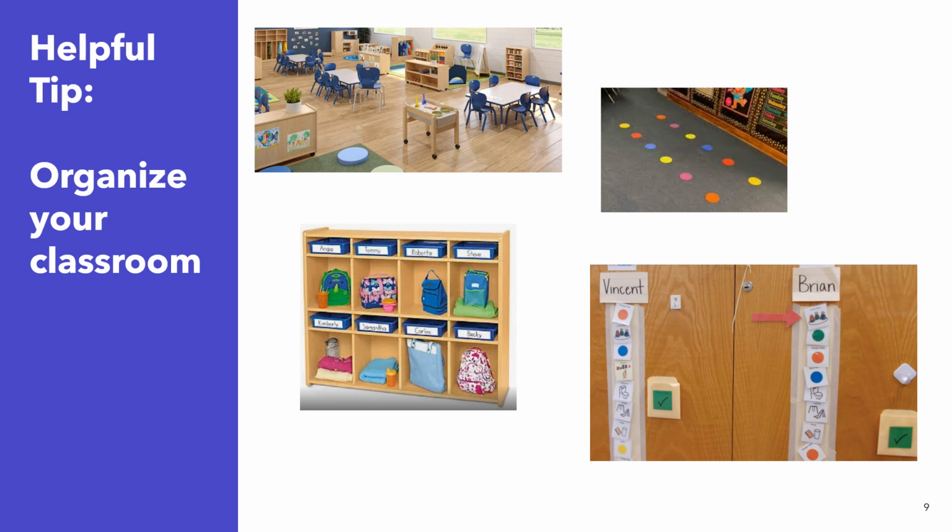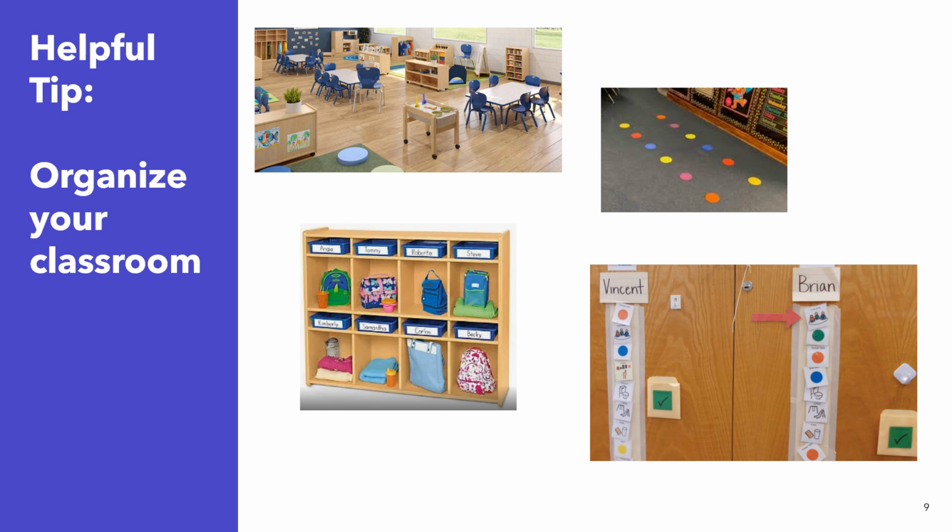For arrival, adding cubbies with the student's name or picture and coat hooks are visual cues to the student of the routines of hanging up your coat and putting your backpack away in the correct place. Another way to set up your classroom for success is to make sure that the materials needed for the routines are in the location where the task will happen.